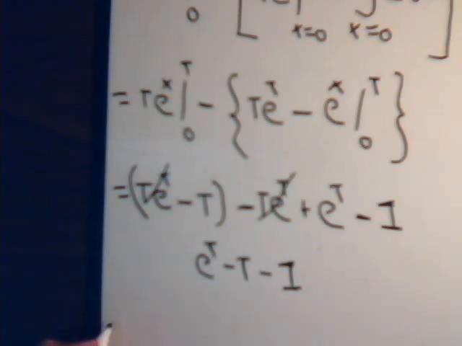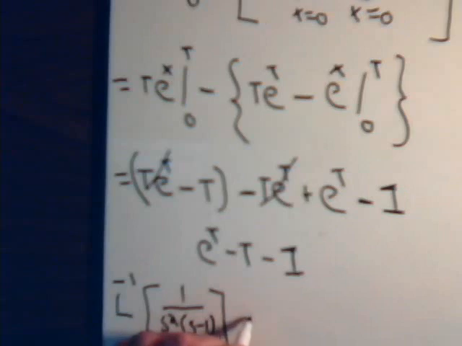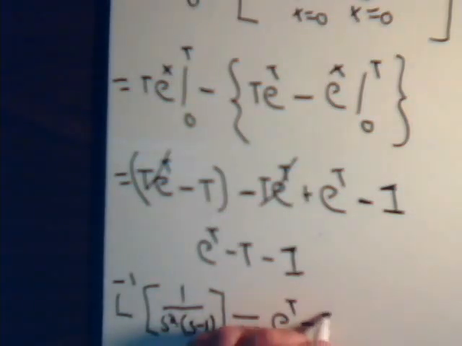Remember, our initial problem was finding the inverse Laplace transform of 1 over s squared times s minus 1, and the answer we get is e to the t minus 1.